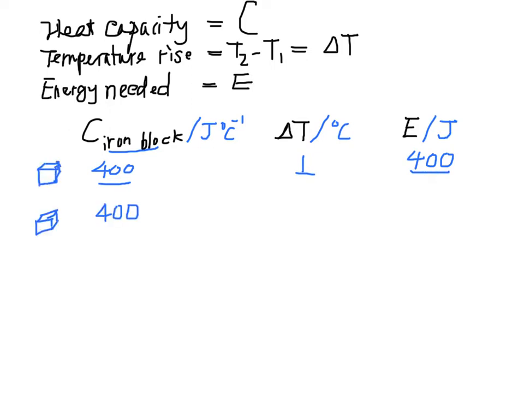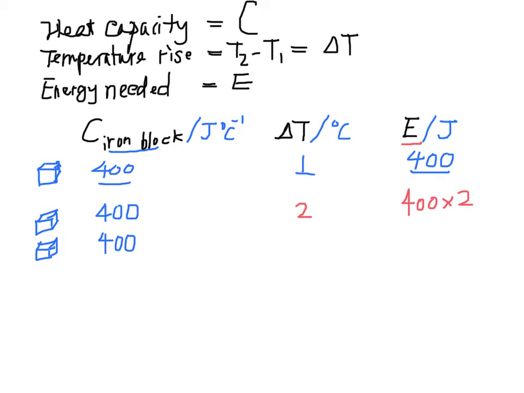For the same iron block, the heat capacity remains the same, 400 joules per degree Celsius. But if we want to increase the temperature by 2 degrees Celsius, this time it's not 1 degree Celsius, then the energy needed would be 400 times 2 joules.